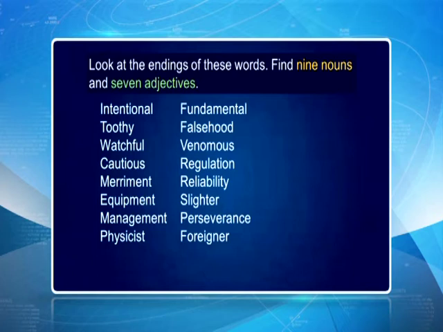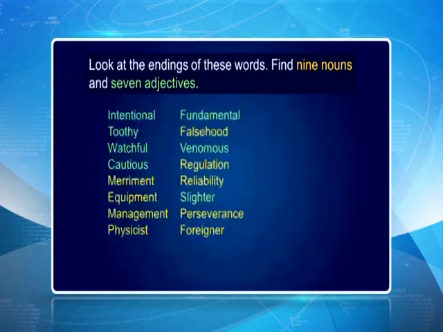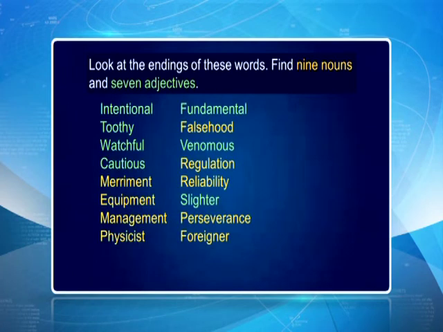All right, can you think? The first one, where are the nouns? You have 9 nouns and 7 adjectives. All right, I have helped you with this exercise so that it will be easier for you. Here we have in red the adjectives, and the yellow font is the nouns.